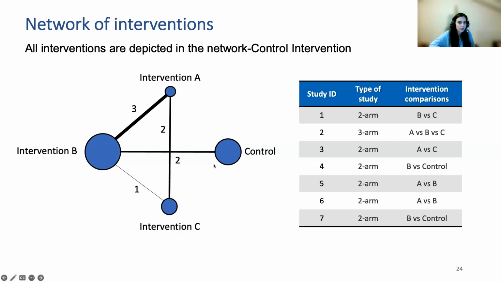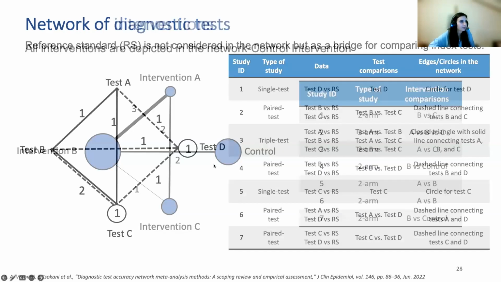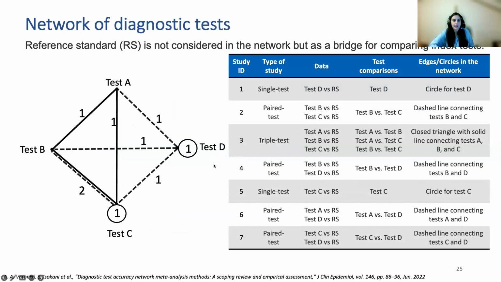Now, if we go to a network of diagnostic tests, suppose that we have 7 studies evaluating 4 index tests, test A, B, C, and D. The first study, for example, is a single test study and explores test D, which is standardized against the reference standard. Now, if we see the test comparisons, the reference standard will not be included.